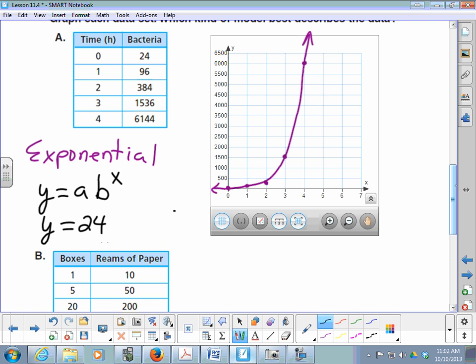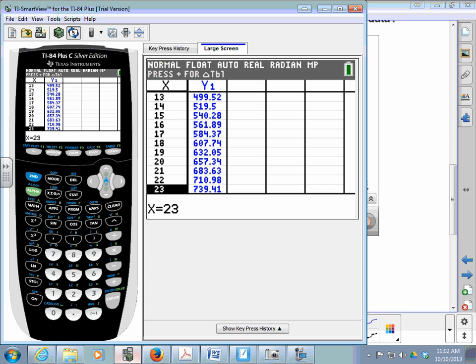All right, we have a couple people. All right, Josh? You take like 96 divided by 24, 384 divided by 96. Okay, so we take our values here, and we're going to divide them. All right, so let's see.